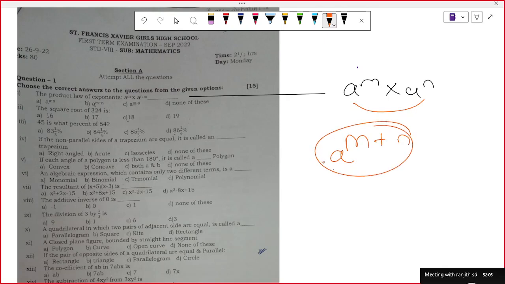Which option? a to the power of m plus n. Yes, m plus n, not m into n. Okay, option B. Even m into n is also given, but don't get confused. You have to add the powers.